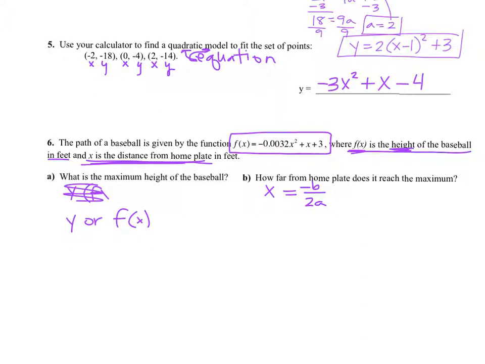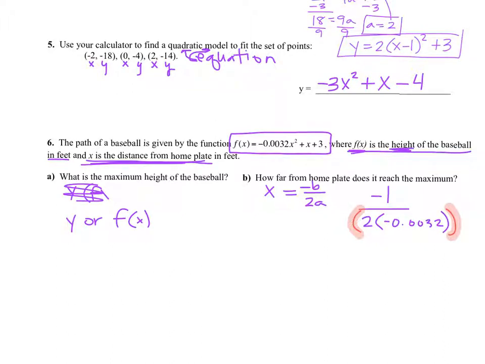So it's going to be a negative b. What's negative b right now? Negative 1, because right now it's 1, okay? So it's negative 1 over 2 times your a value, negative 0.0032. Make sure you use parentheses, okay?